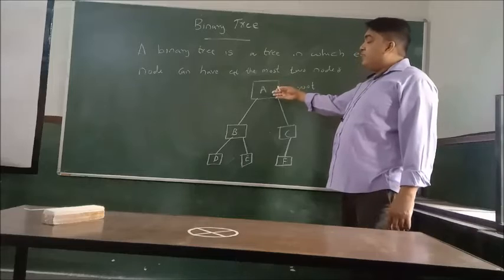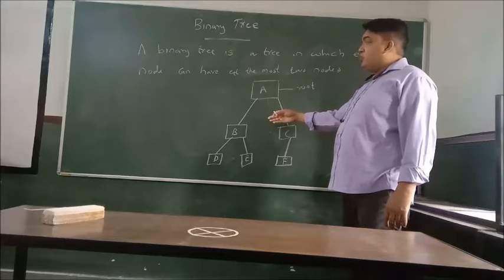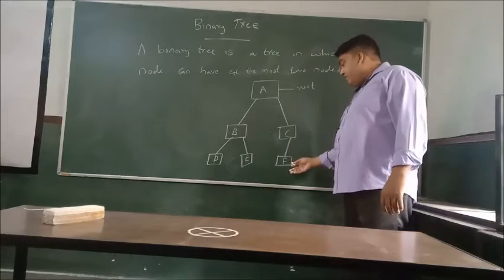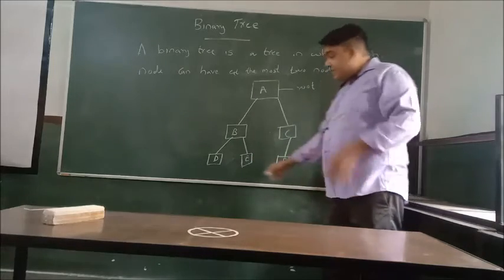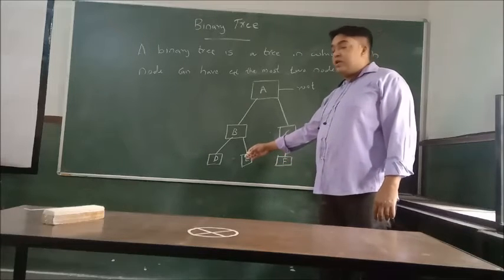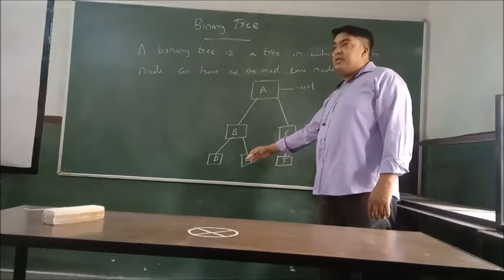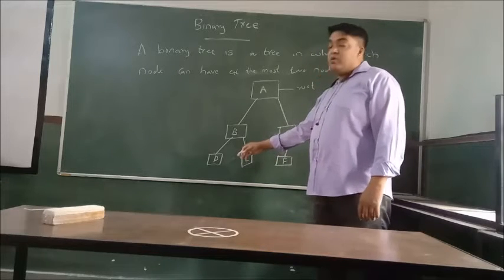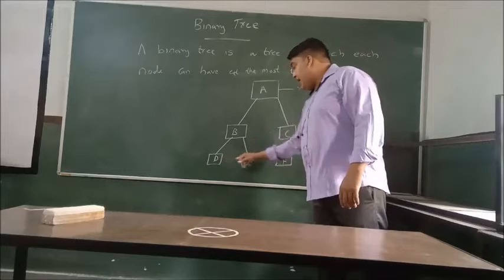Each node is having at most 2 nodes. That is, here B can have 2 nodes, C is having only 1 node, no problem. And the nodes D and E are the end or external nodes, that is, nodes having no children. So there are no successors for the nodes D and E.